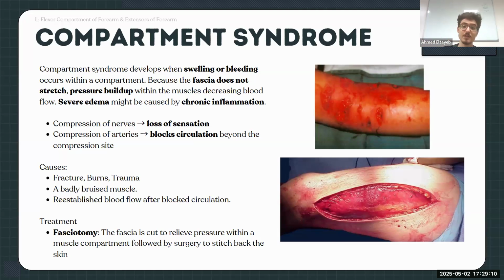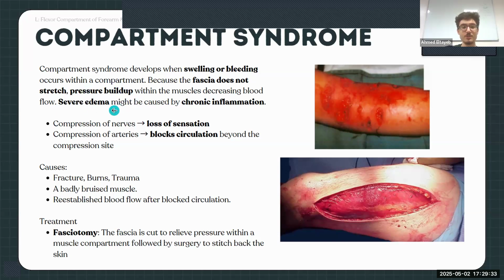So it's just going to press and cause inflammation, and then you're going to have the death of the muscle. Your muscles, under all this pressure and under your contraction and movement, will also exert themselves and physically rupture. It's catastrophic. So severe edema due to the buildup of pressure could also be caused by chronic inflammation.